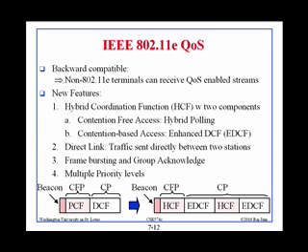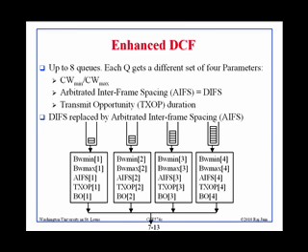And multiple priority levels. The multiple priority levels are done by just extending all these parameters that we had before: the CW min, CW max. Why are we calling them BW min?